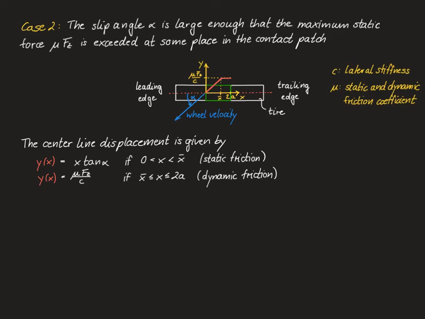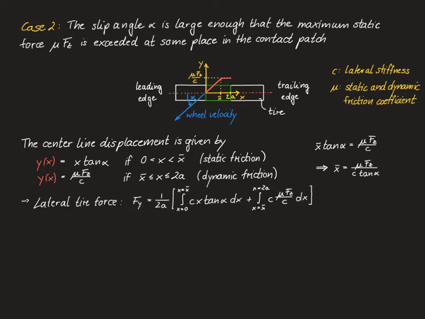Note that in the first case we still have static friction, whereas in the second case we now have dynamic friction. Observe that the value of x bar is defined by the condition that x bar tangent alpha equals mu Fz divided by c. So this formula here, which we can solve for x bar equal to mu Fz divided by c times tangent alpha.